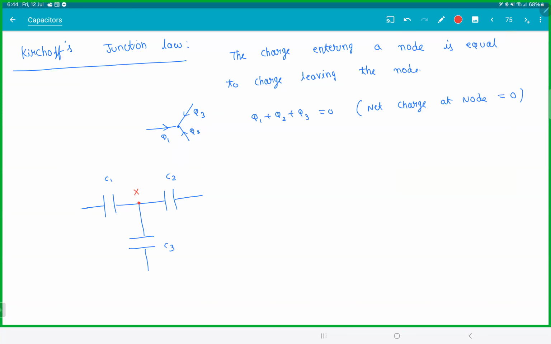Let's call this point X. Let's call this point V1. Let's call this point V2. Let's call this point V3. So this is how we do. Let this charge be Q1. Let this charge be Q3. Let this charge be Q2.